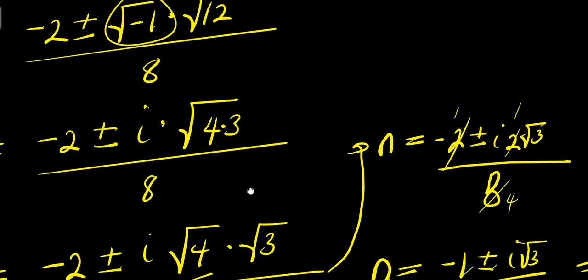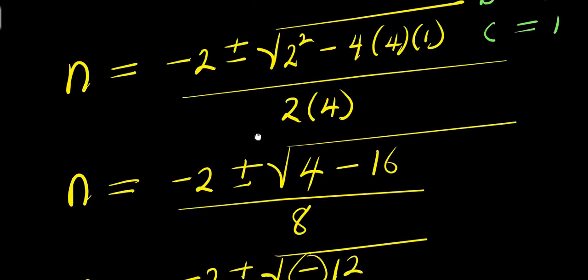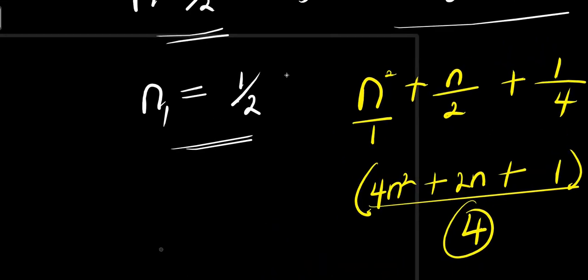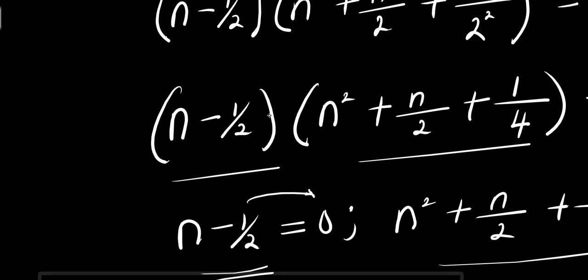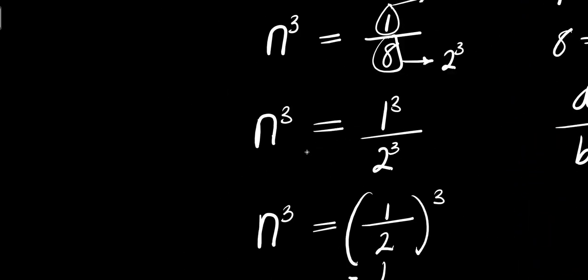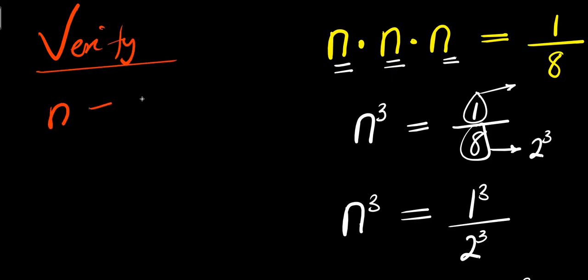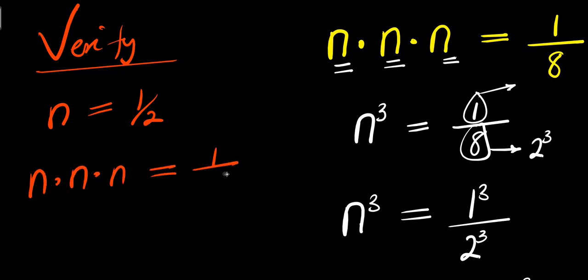Then remember, we also have one real value for n, which is this 1 over 2 here. We can decide to use this real value to verify our answer. So let's just do that quickly. Our n here is 1 over 2. That is n times n times n equals 1 over 8.